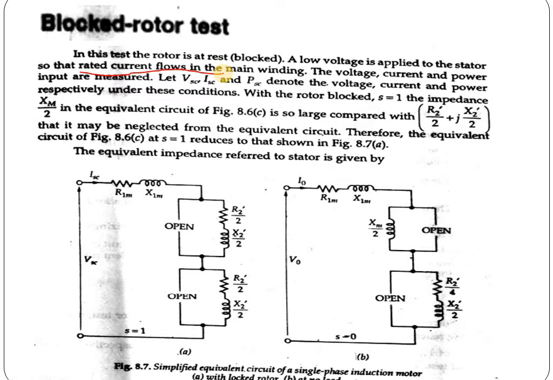The rated current means, suppose this is a 1 kilowatt motor and our supply is 220 volt. Then our rated current will be 1000 divided by 220, that means 4.78, like that, 4 point something will be our rated current for performing that experiment.